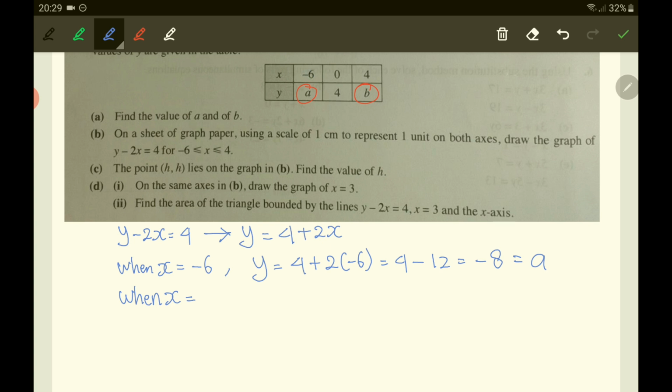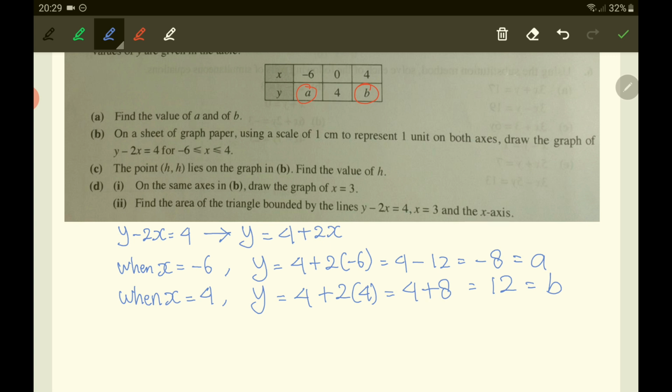And if we want to find the value of b, we change x into 4. So y is equal to 4 plus 2 times 4, equal to 4 plus 8, which is equal to 12. So this is equal to b. So we are done with the a part.